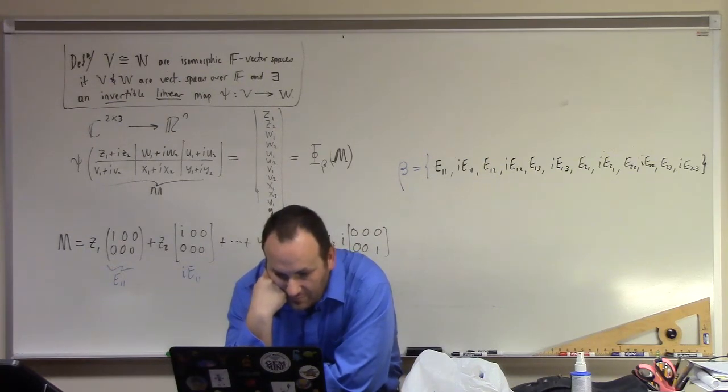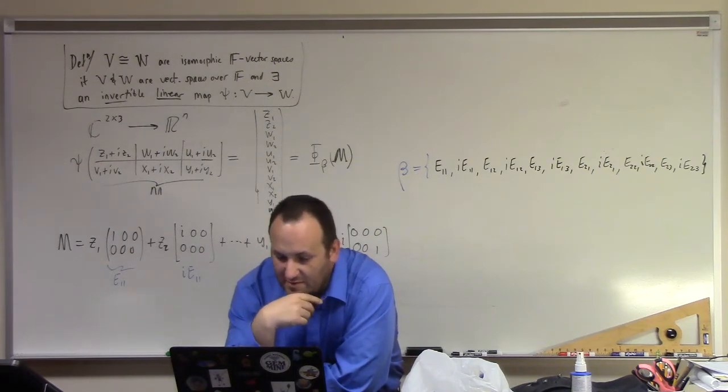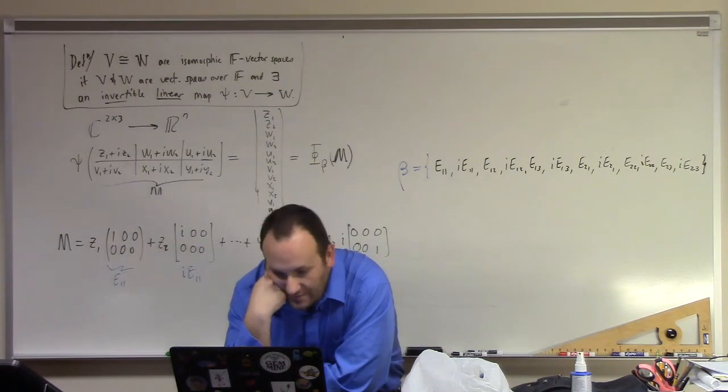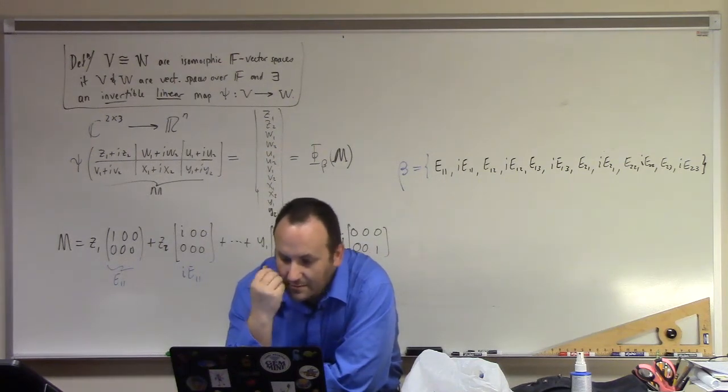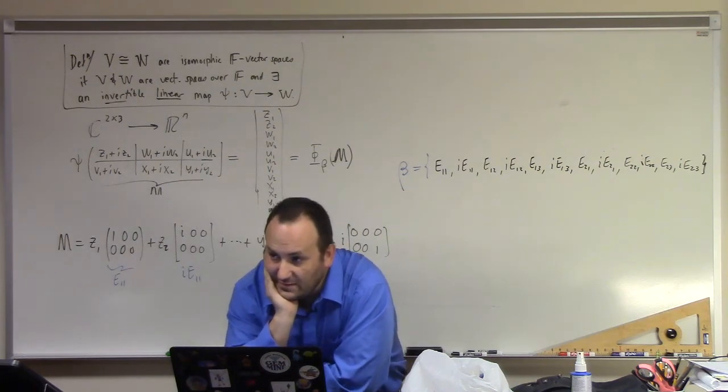So let me just make some comments. Problem 109. You're supposed to show that W1 direct sum W2 is R4. There are various ways you could do this, right?